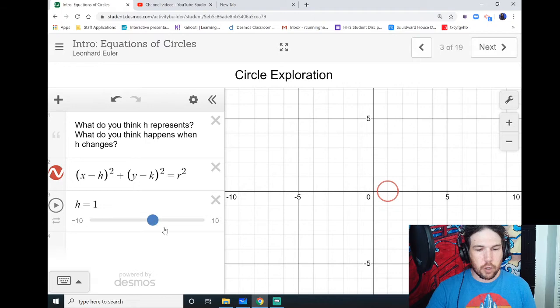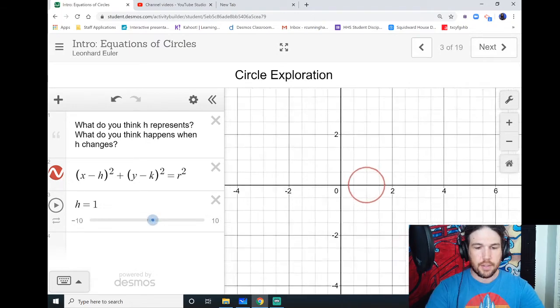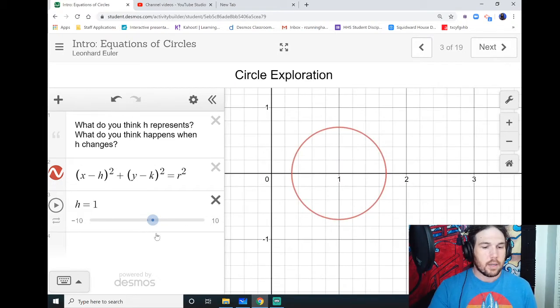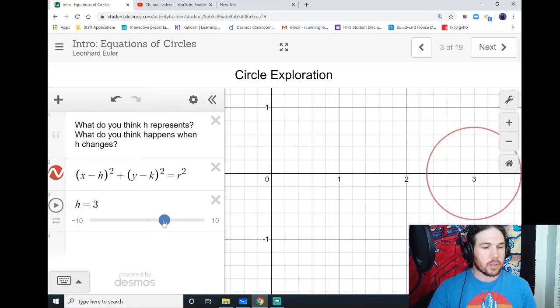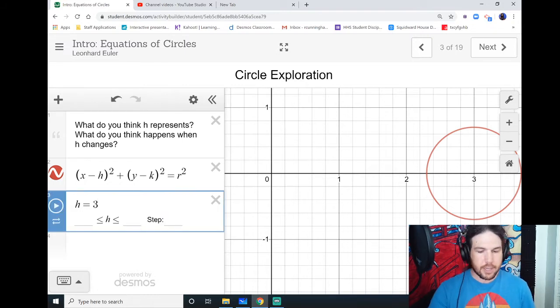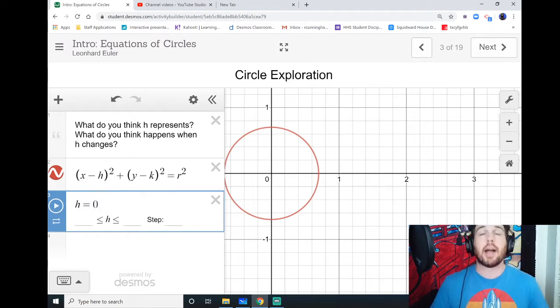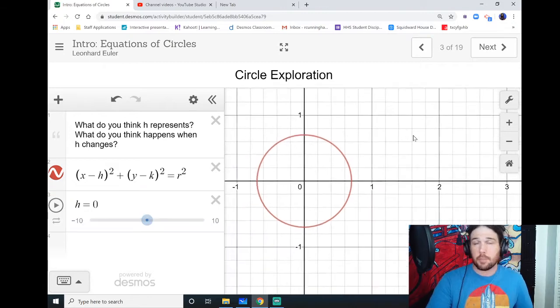If I move h over to 1, you can see that the center of the circle is at x equals 1. If I put in h equals 3, the center of the circle is at x equals 3. If I put h equals 0, the center of the circle is at x equals 0. I know I'm belaboring the point, but this is brand new curriculum, so I'm going to take this one very small baby step at a time.